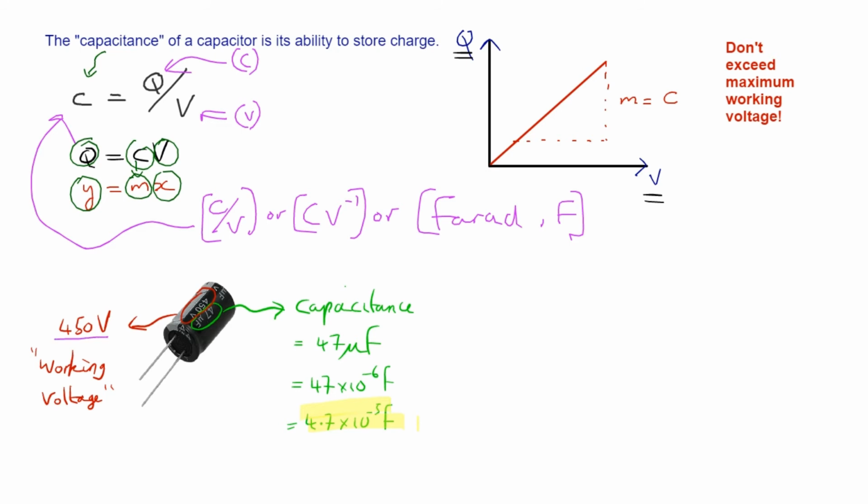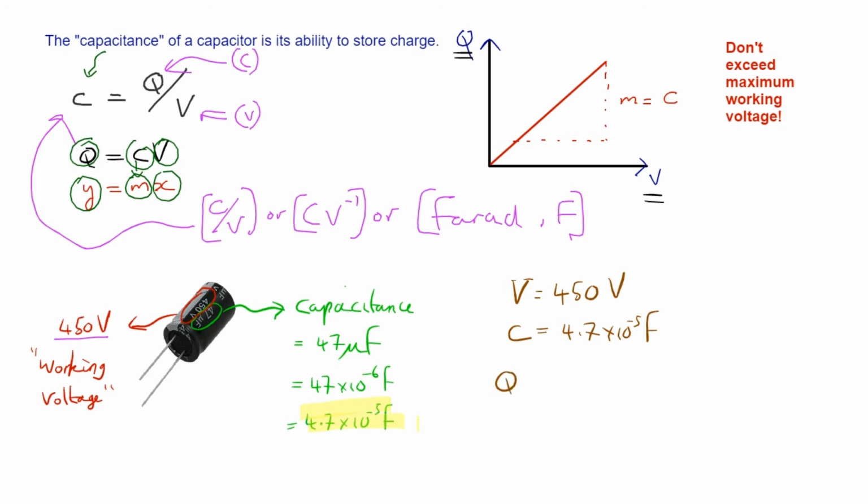Let's just see how this equation works. If we charged it to its maximum working voltage, so if we connected this capacitor to a power supply of 450 volts, which is the maximum we're allowed to use with this one, then we know the capacitance is 4.7 times 10 to the -5 farads. So we could figure out the charge stored.